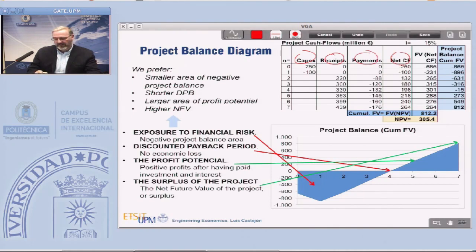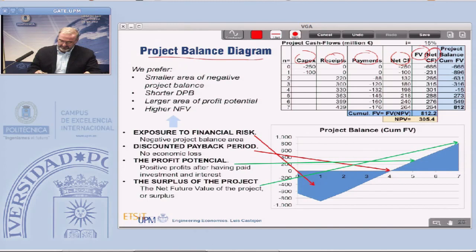Instead of calculating the discounted cash flow, the present value of the net cash flows, in the project balance diagram we calculate the future value of net cash flows. It's the same calculation, but instead of dividing by 1 plus the interest rate to the power of k, we are multiplying.